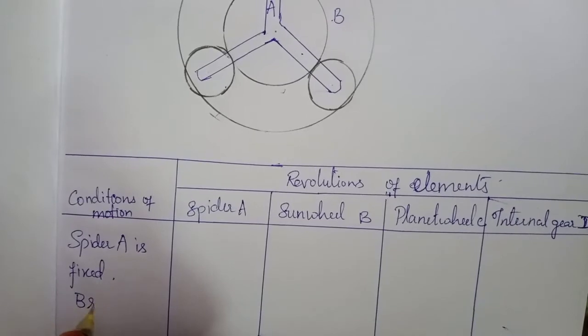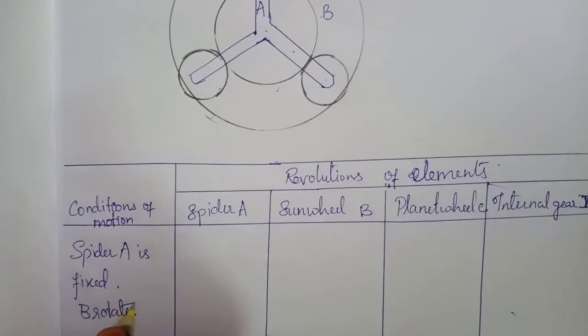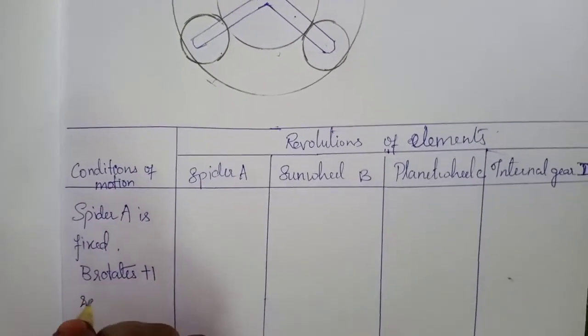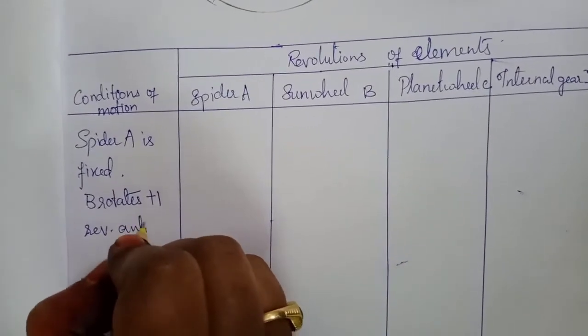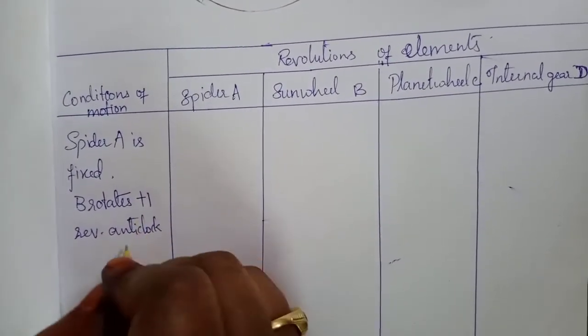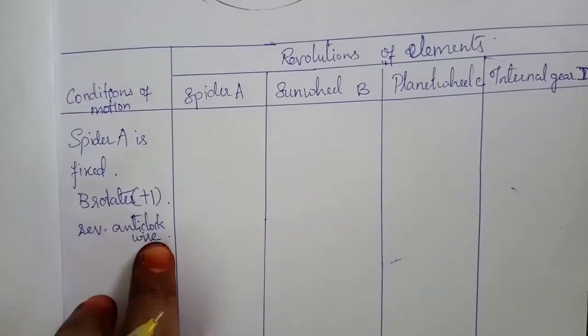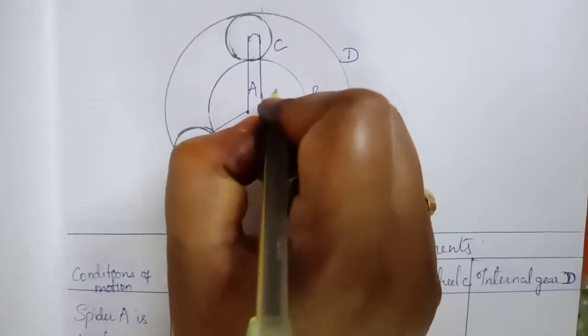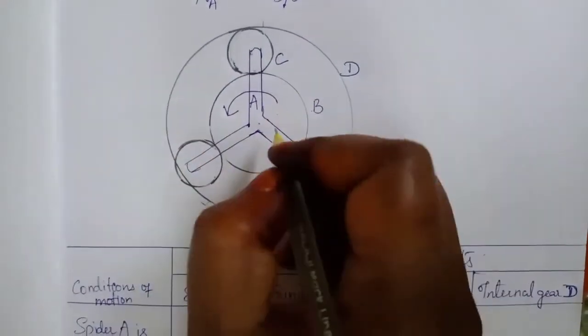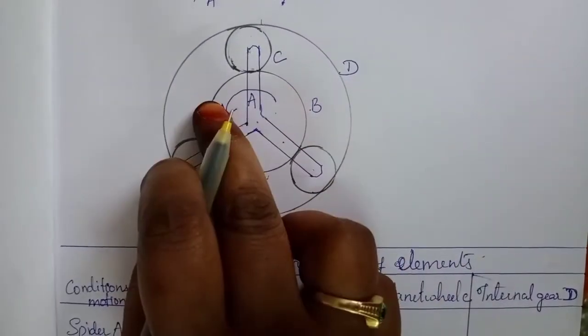So B rotates plus 1 revolution anti-clockwise. So this is your first condition.